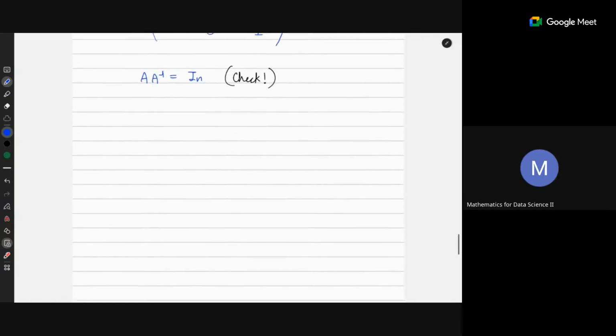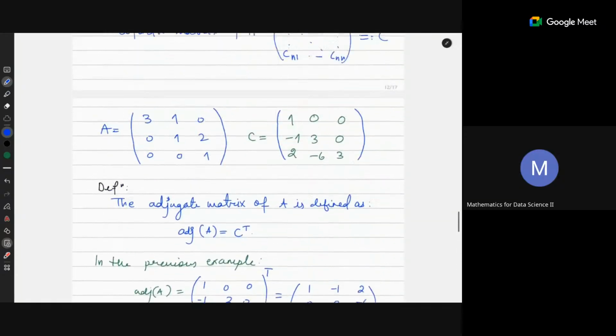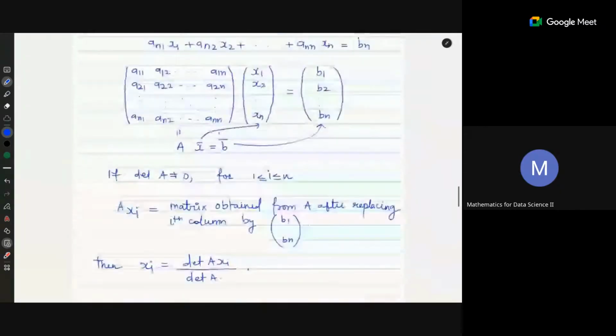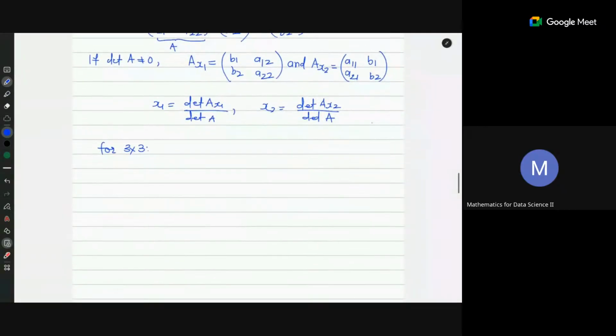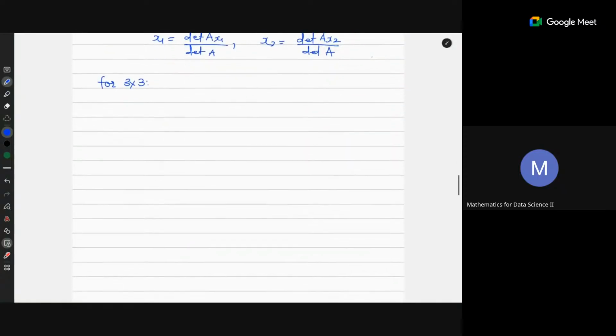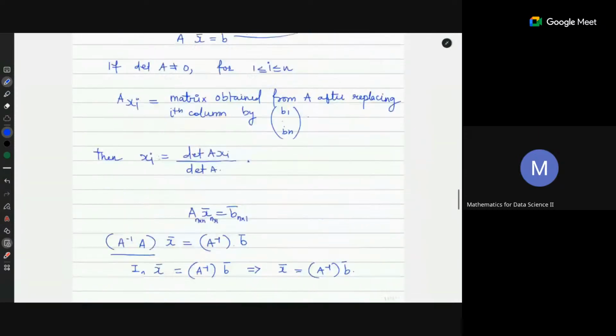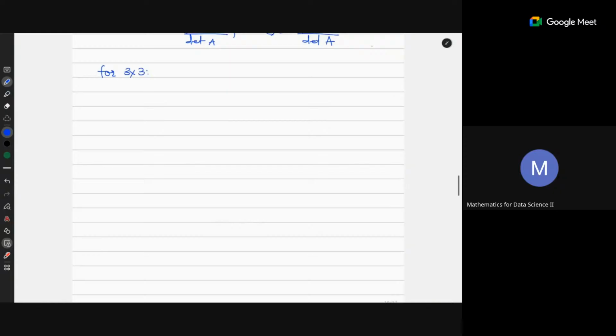Okay, so let me take up the same problem that we discussed for Cramer's rule. Or okay, let's take a 3x3 problem, because that is what you guys want me to discuss as well. So let's take a 3x3 system of linear equations.